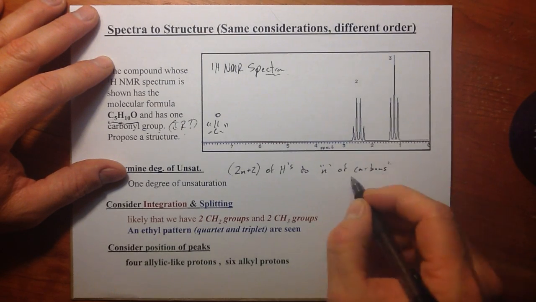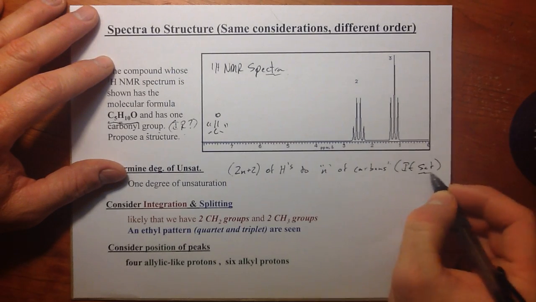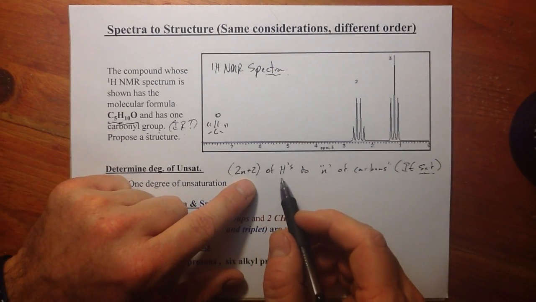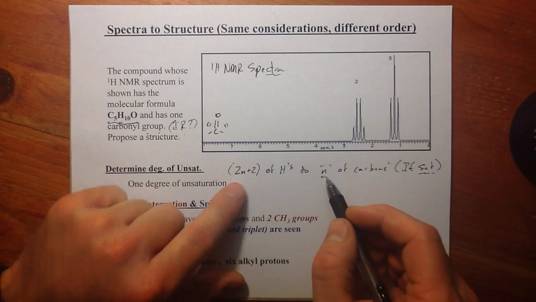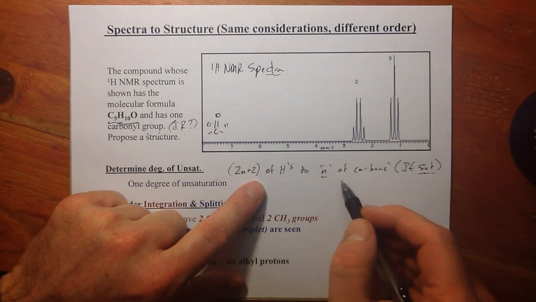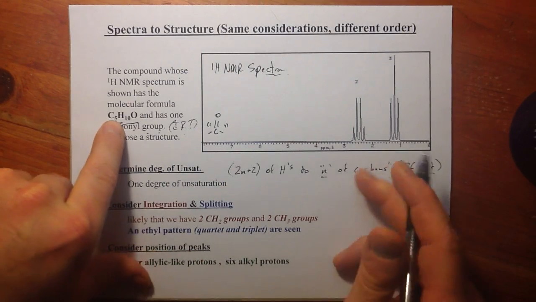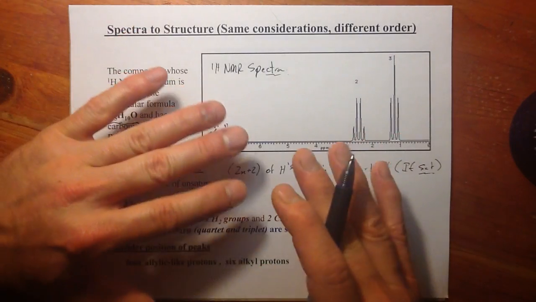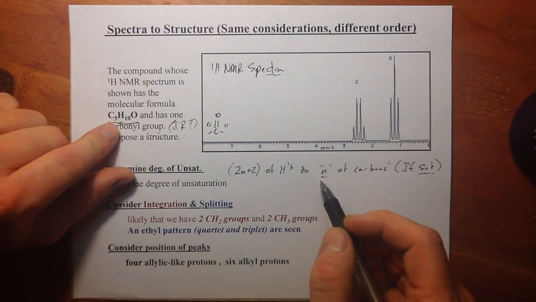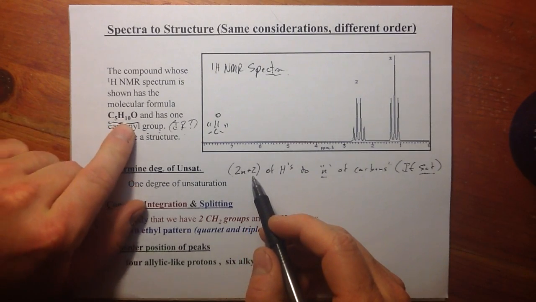Now, if saturated, we would have 2n plus 2 hydrogens for n carbons. So 5 is n. If we have no pi bonds or rings, then we would have 12 hydrogens, because n times 2 plus 2 would be 12. But we don't.